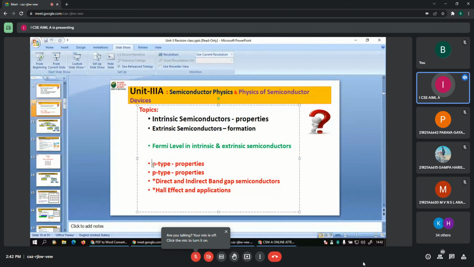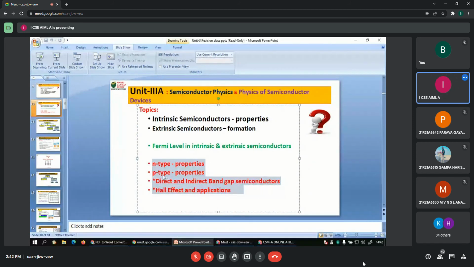See, these red-colored ones are very important from the final exam point of view also. N-type formation, P-type formation and properties, direct and indirect band gap semiconductors and their properties, and Hall effect. These four are very important for short answers and long answers. Even sometimes Fermi level and intrinsic and extrinsic diagrams can be asked as short answer questions.